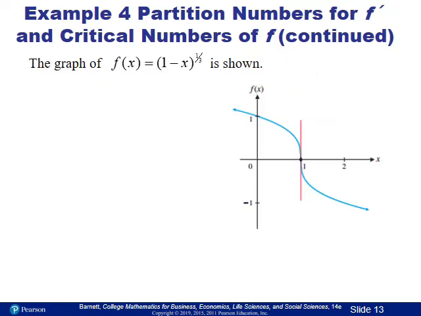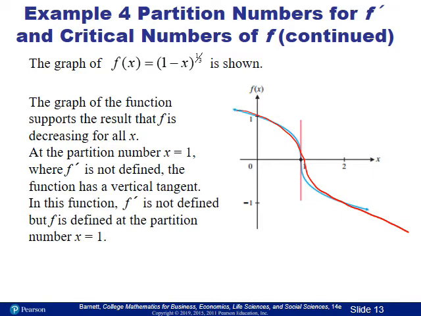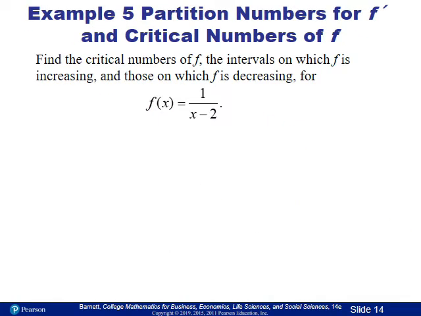Here you can see that it is decreasing and continues decreasing. Okay, here we can see another function, and we can take its derivative and find the critical numbers. When we take its derivative, it will be minus over x minus 2 whole square, so x equals 2 will be the partition number.